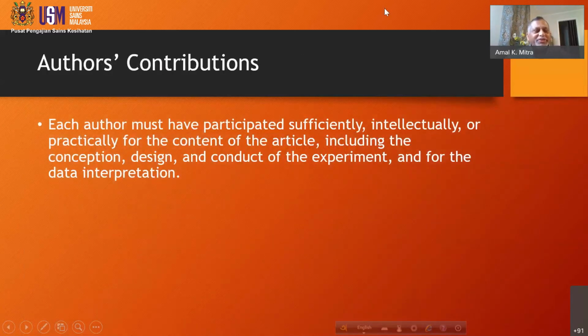And we are almost at the end. Now journals want the authors' contributions in the paper. If you have 5 authors, each author must have participated sufficiently, intellectually or practically, in the content of the article, including the conception, design, and conduct of the experiment, and data interpretation, writing the paper, reviewing the paper, everything.